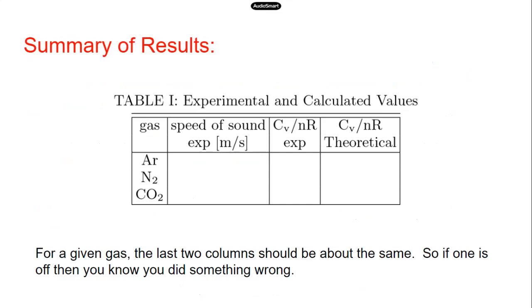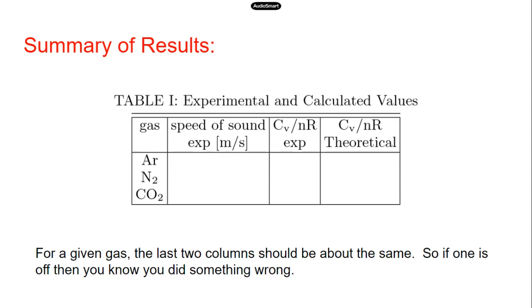Argon, for example, is just 1/2 plus 1/2 plus 1/2, so 3/2 for translational, plus 0 for rotational, plus 0 for vibrational. So you all should get 3/2 for argon. N2 is 3/2 for the translational, 2/2 for the rotational, and about 0 for the vibrational. So 3/2 plus 2/2 is 5/2.